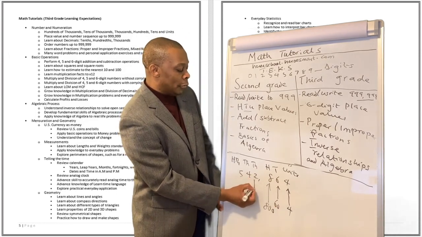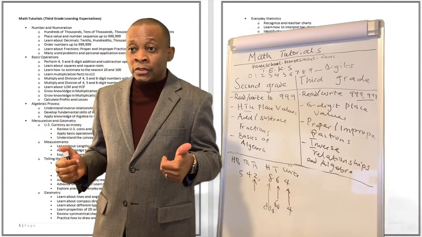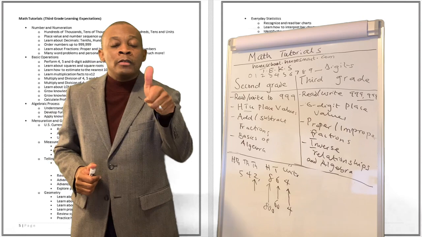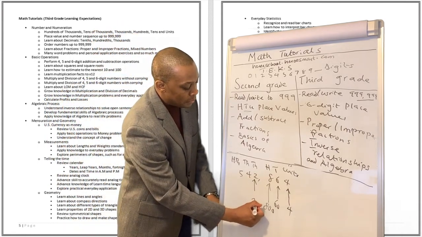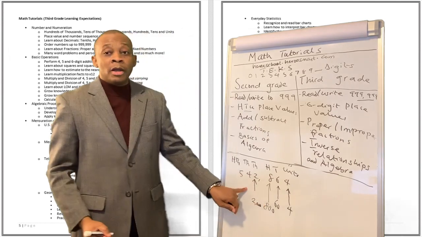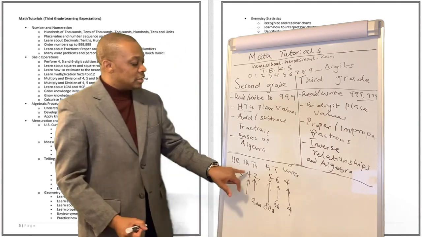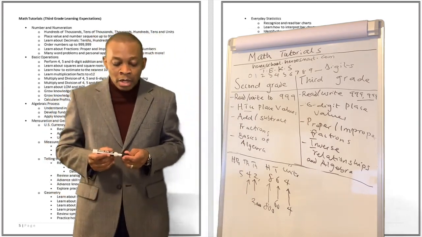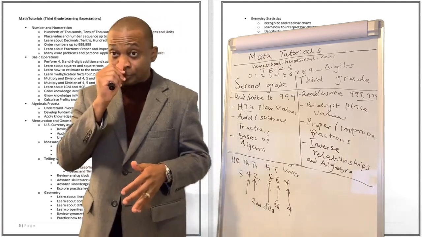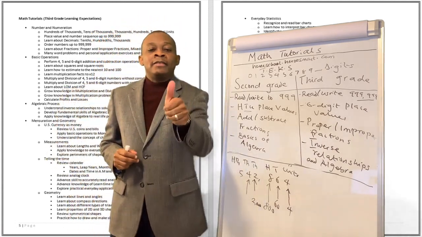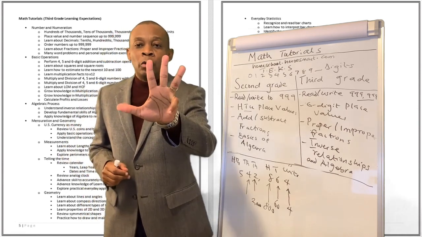Well, what about the 2 over here? Well, guess what? This 2 means I am counting by the thousands right now. So I am counting by 1,000 and 2,000. Okay, so I got 2,000 over here. Well, what about this place? Well, in the tens of thousands category, I am counting by tens of thousands right now. So that's going to be 10,000, 20,000, 30,000, and 40,000.